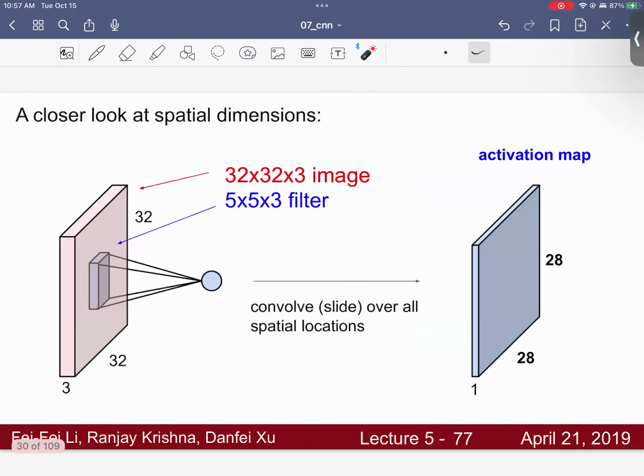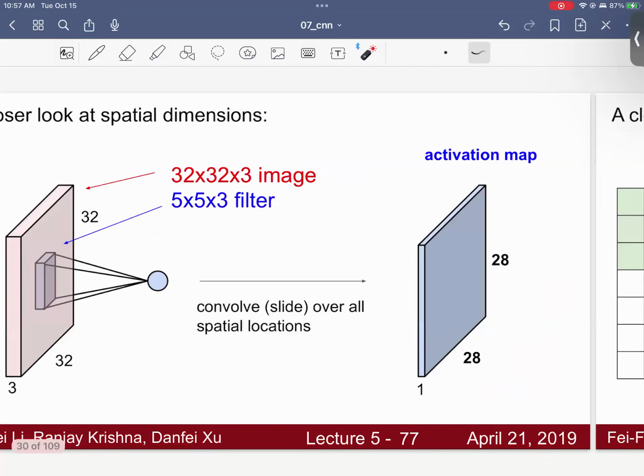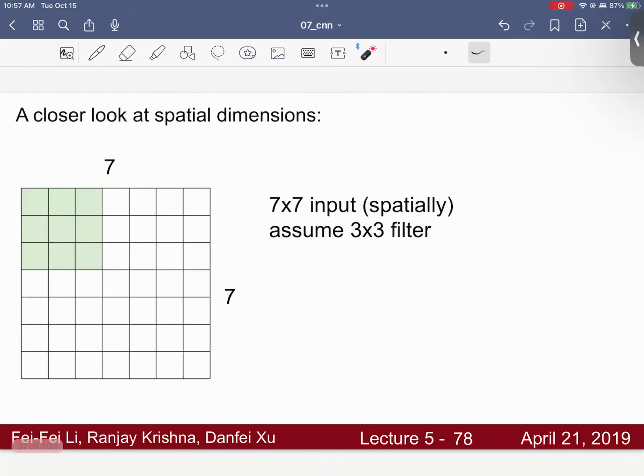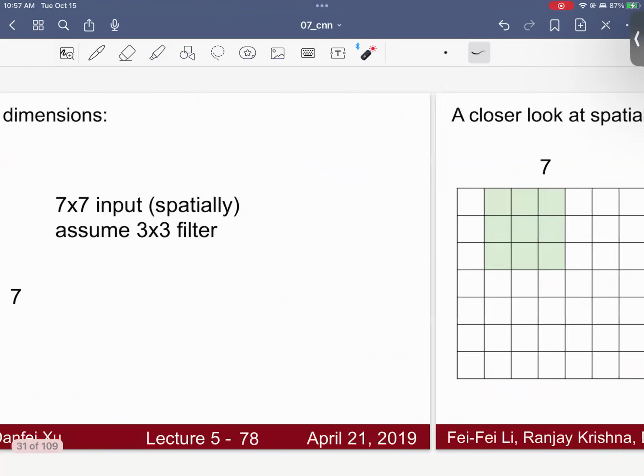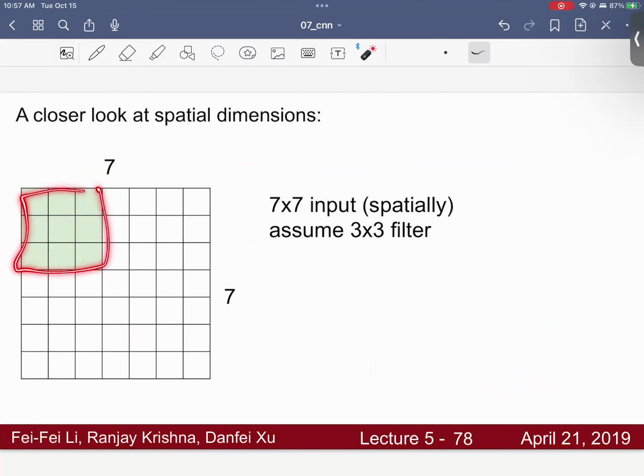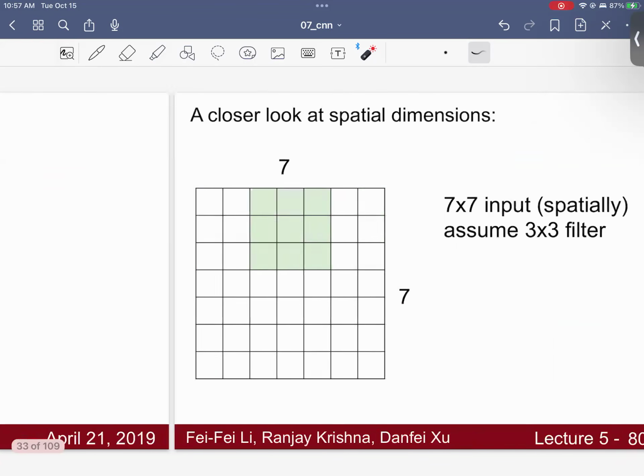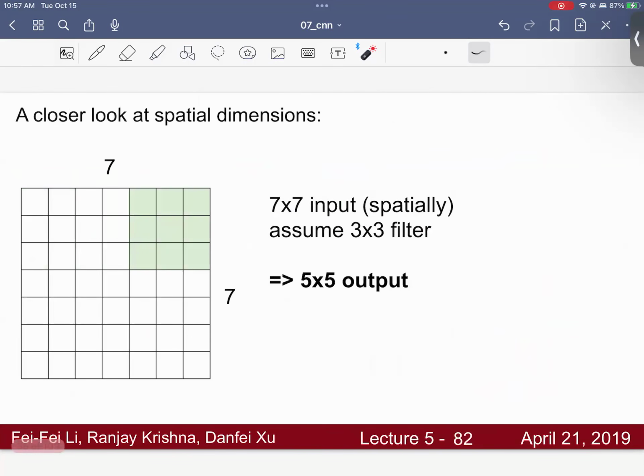All right, a little bit more on the CNN. We've seen this: when you have 32 by 32 by 3 and apply a 5 by 5 by 3 filter, you get one activation map out with 28 by 28 dimensionality. When you slide from the start using, let's assume, a 3 by 3 filter, you slide from the left top, you move one pixel to the right, again 1 pixel to the right. How many times did you move?